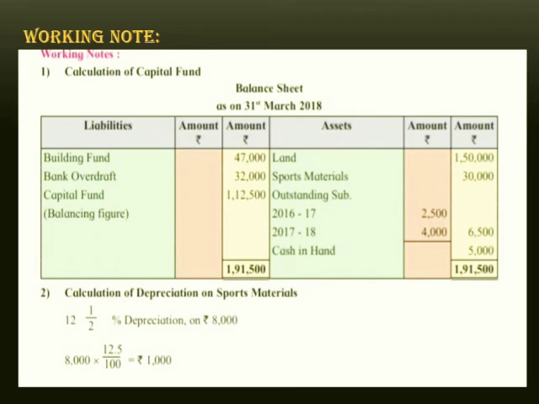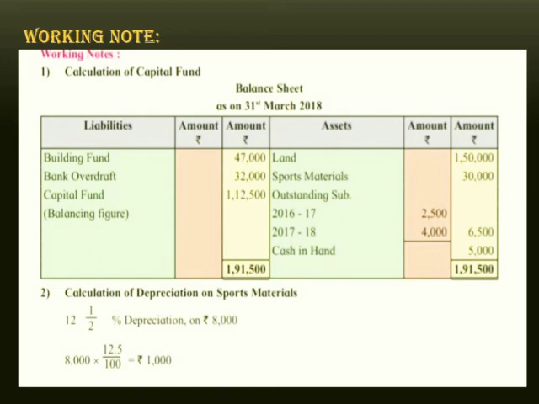Okay. Then on the liability side, building fund, bank overdraft, and if we take the total of assets first and then deduct this building fund and bank overdraft amount, you will get the balancing figure, and that balancing figure is nothing but the capital fund.